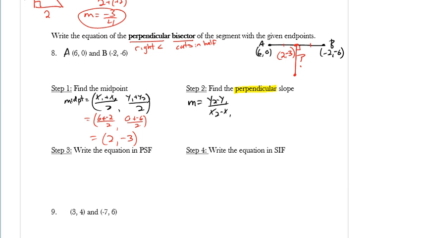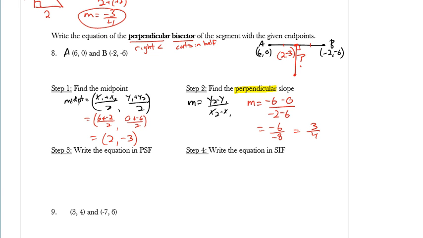So what we're going to have here is m equals negative 6 minus 0 over negative 2 minus 6. So that's going to give us negative 6 over negative 8, which equals 3 over 4 if you reduce it.